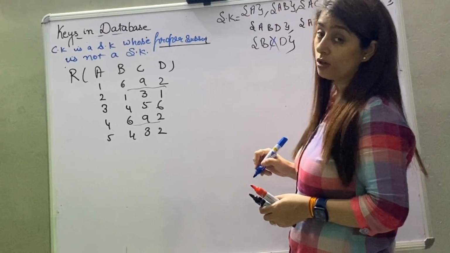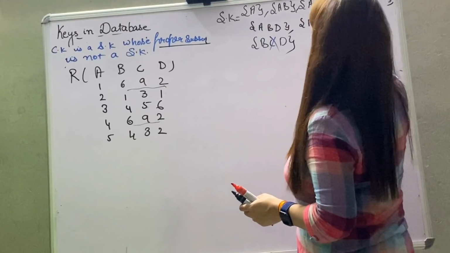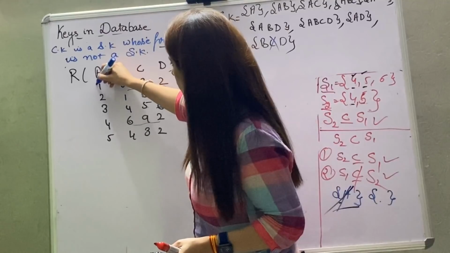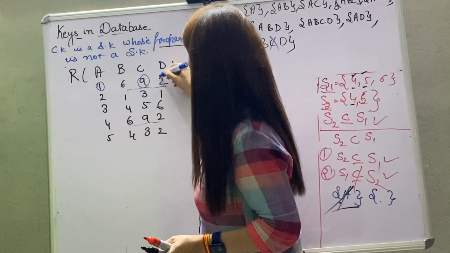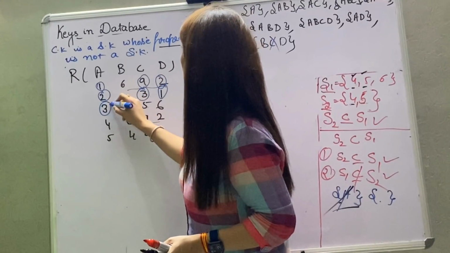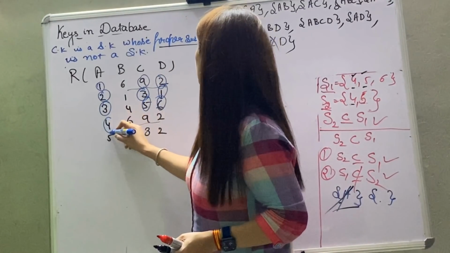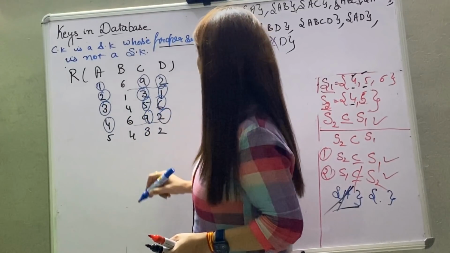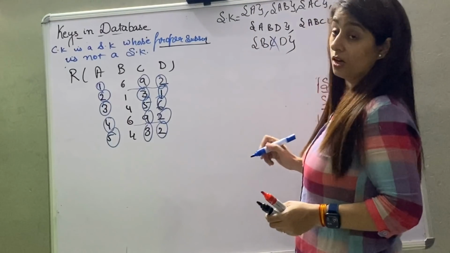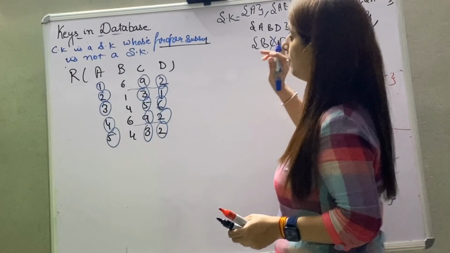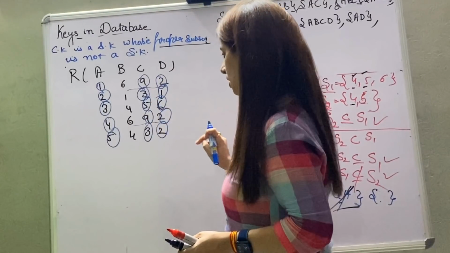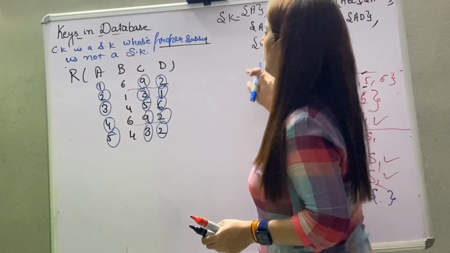If we go for ACD, with values 1, 9, 2, 2, 3, 1, 3, 5, 6, 4, 9, 2, 5, 3, 2, this is a super key. ABC, if we check ABC, is also my super key.